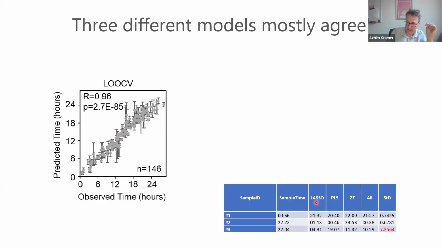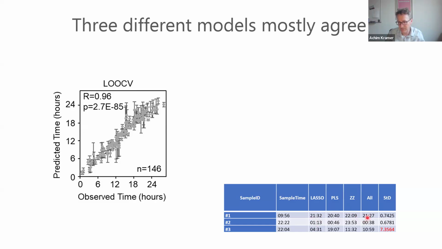As I said, Lasso, partial least square, and Zeitzeiger. And you see here, in sample number 1, you get these times for Dilmo predictions. As I said, a normal Dilmo is between 8:30 and 9 p.m. And these are the predictions.